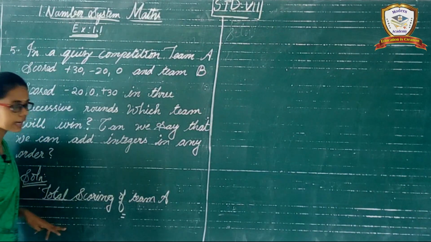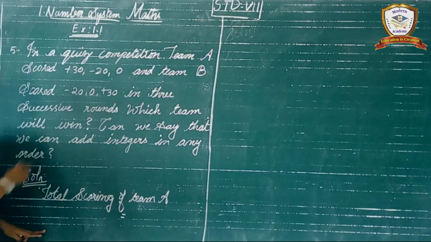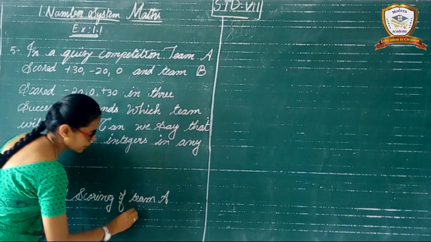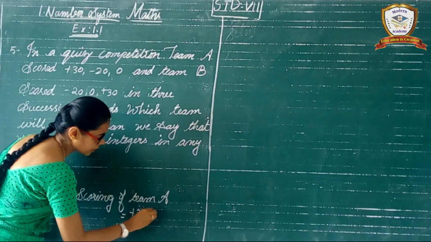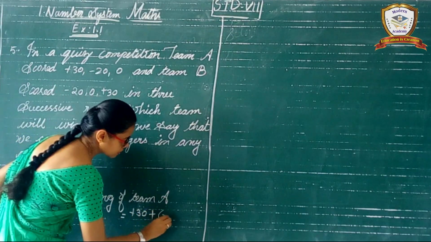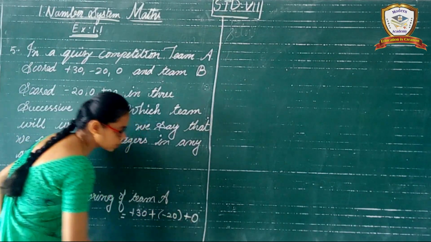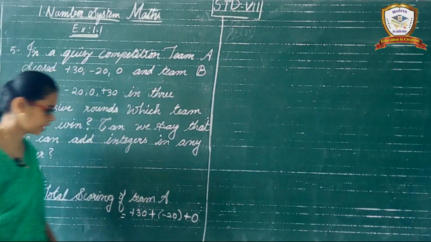First, in team A, what is it? Plus 30 and plus minus 20 plus 0. We have to find.